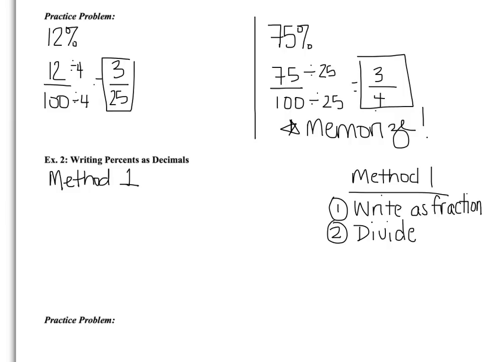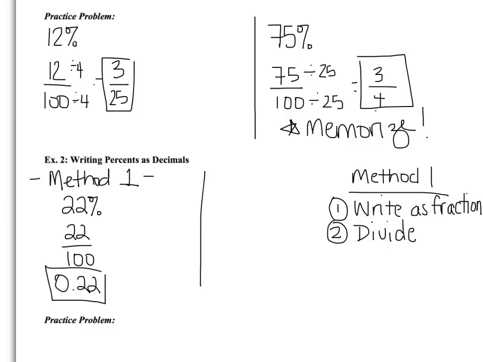So for example, over here in method 1, we're going to write 22% as a fraction first, so 22 over 100. Then we're going to divide it. 22 divided by 100 is 22 hundredths. You can also just say it and know that that is the decimal equivalency of 22%.